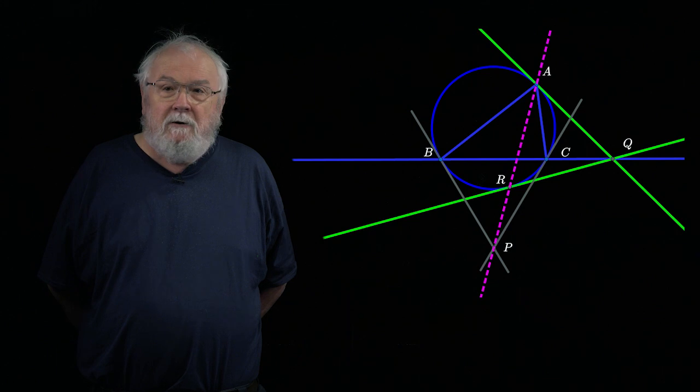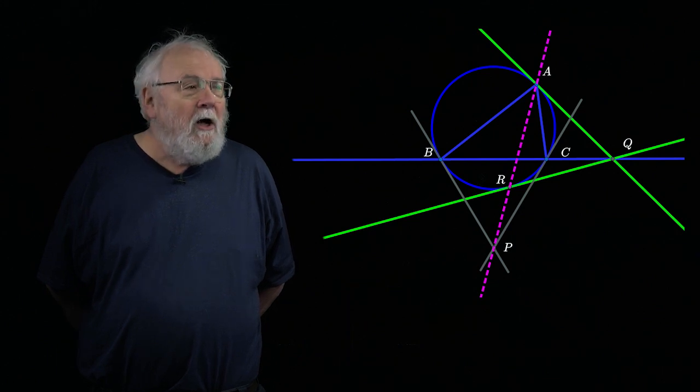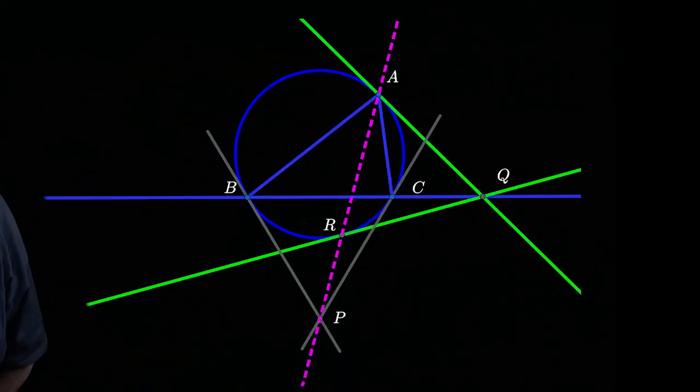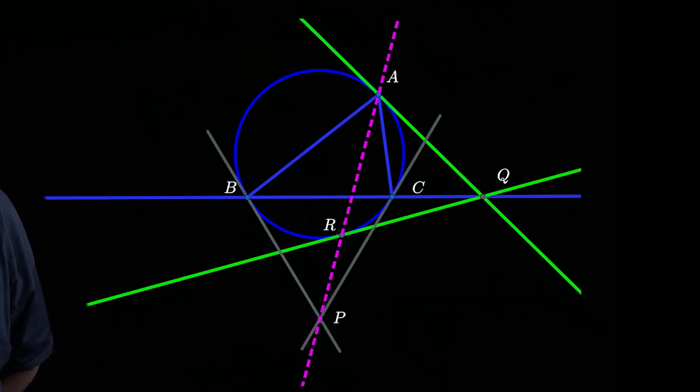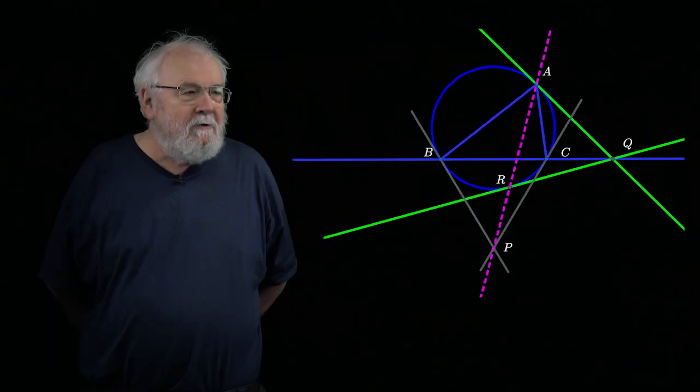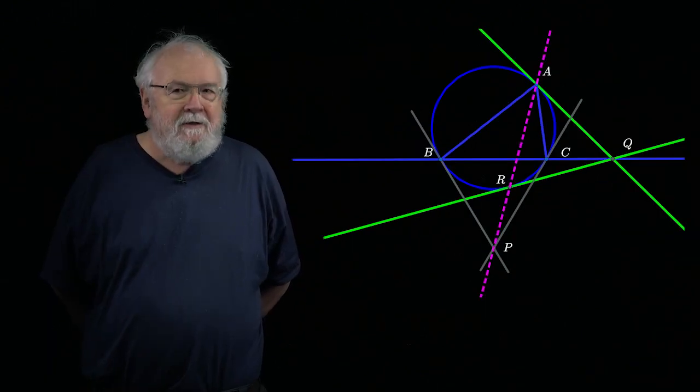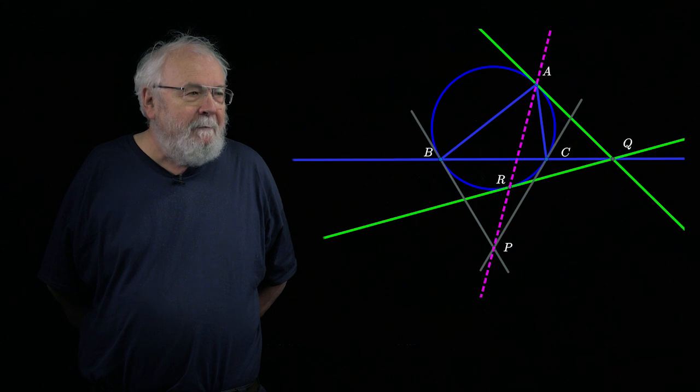This is called the symmedian line, or the A symmedian line, because it's been constructed to go through the vertex A of triangle ABC. I'll explain where this rather unusual name symmedian comes from shortly.